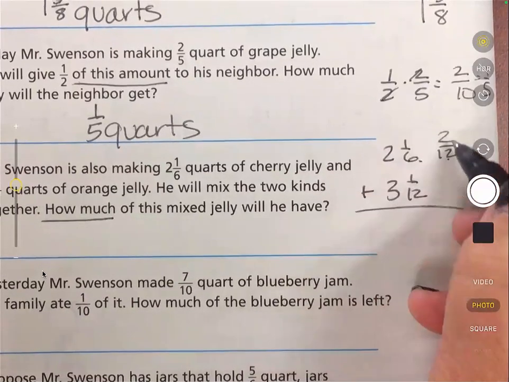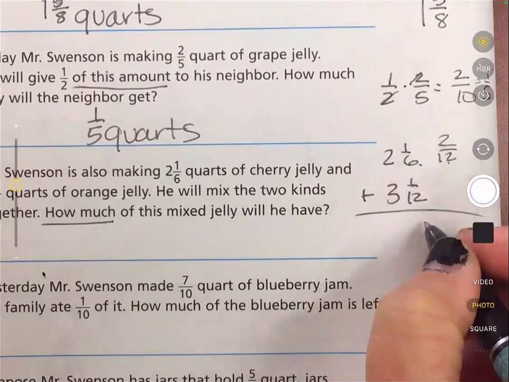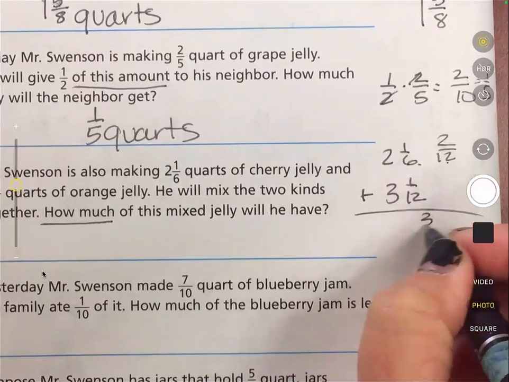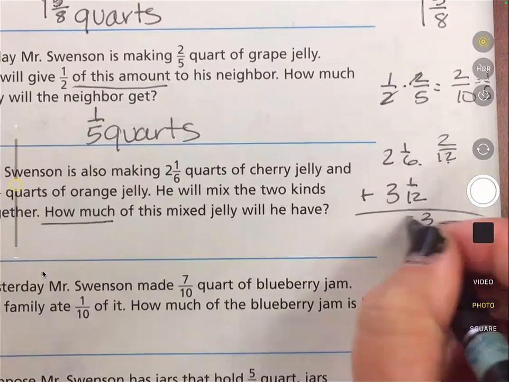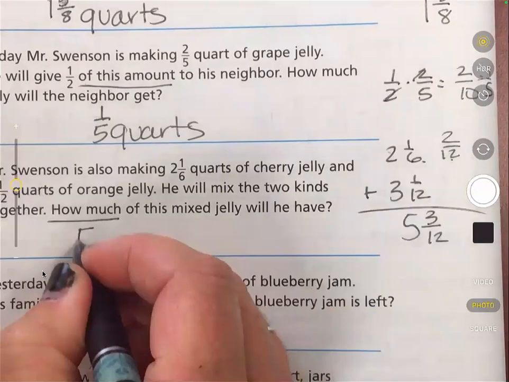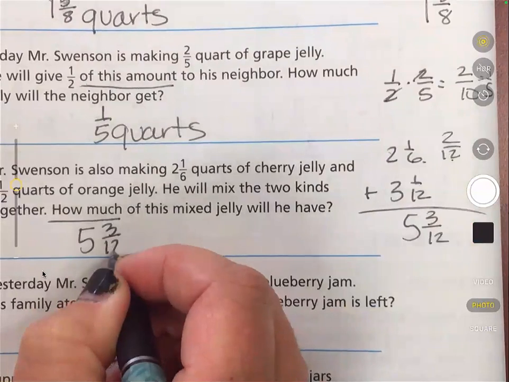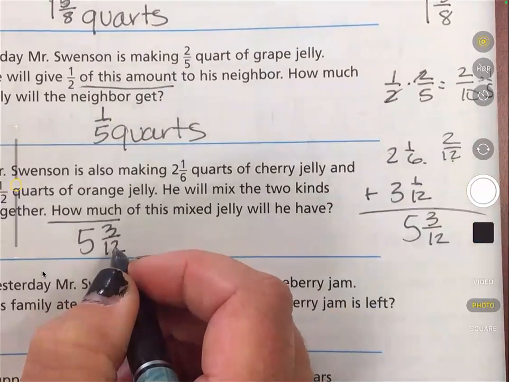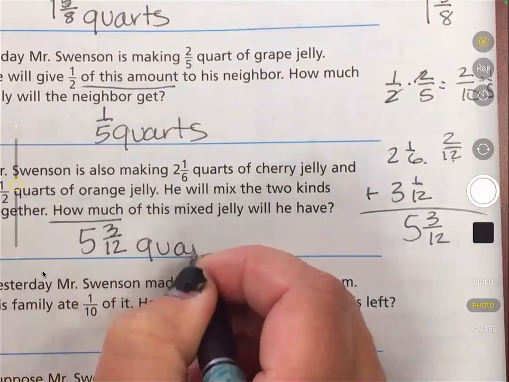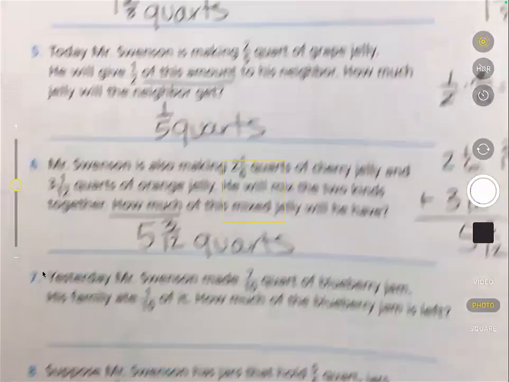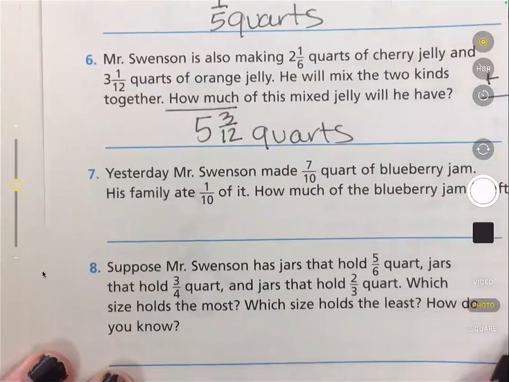Yep. 2 plus 1? 3. Keep my same denominator. 2 plus 3? 5. What's my answer? 5 and 3/12. 5 and 3/12 quarts. Okay, don't forget your labels.